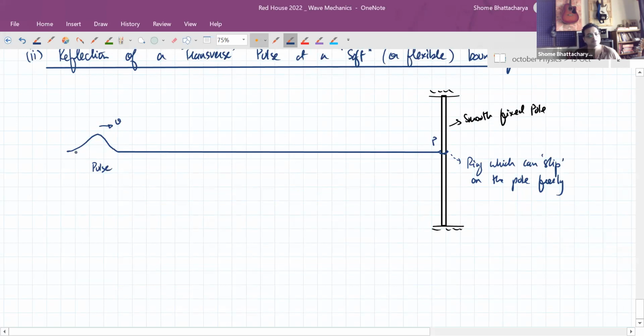So we have a transverse pulse traveling in this direction.